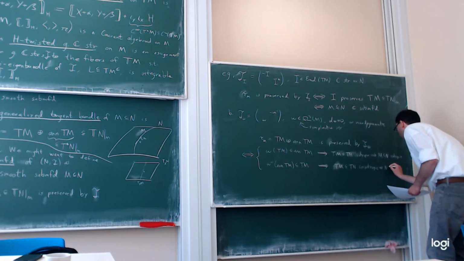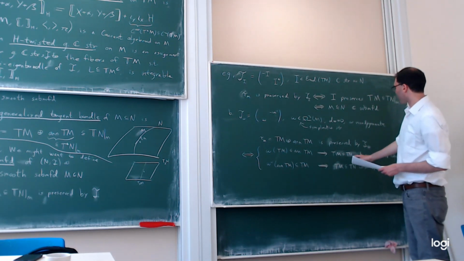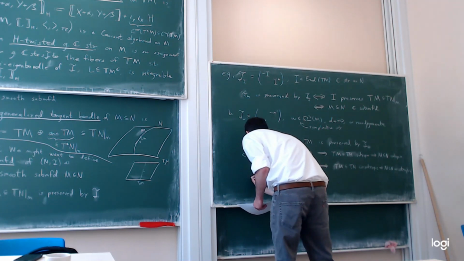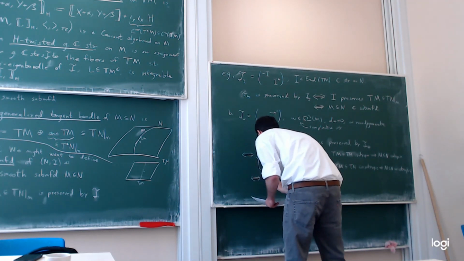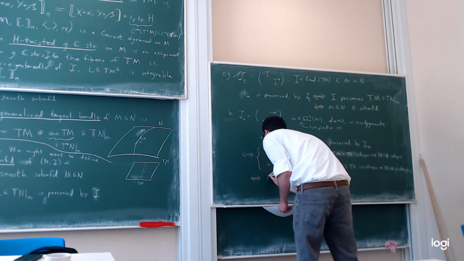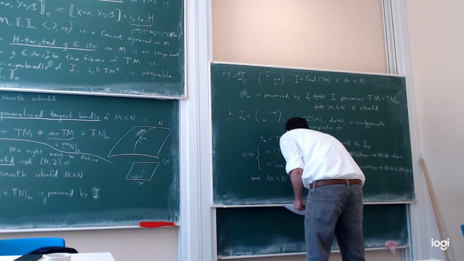So M is a co-isotropic submanifold of N. And a submanifold that is both isotropic and co-isotropic, well, that's the condition in symplectic geometry to be a Lagrangian submanifold. So that's if and only if M in N is Lagrangian.